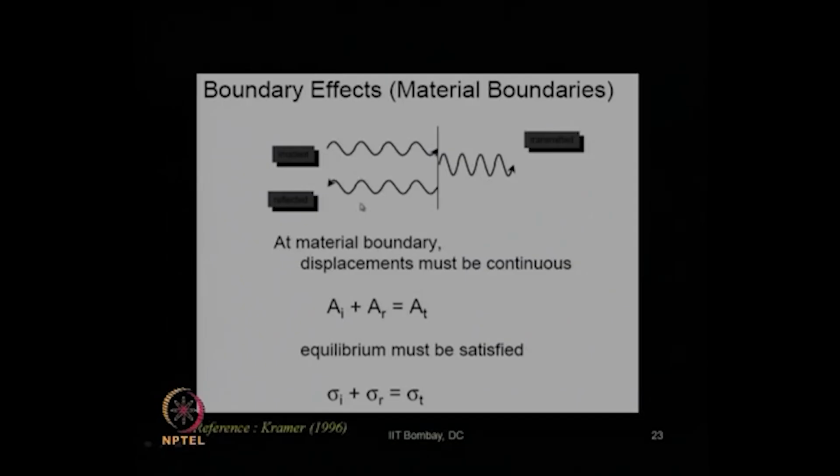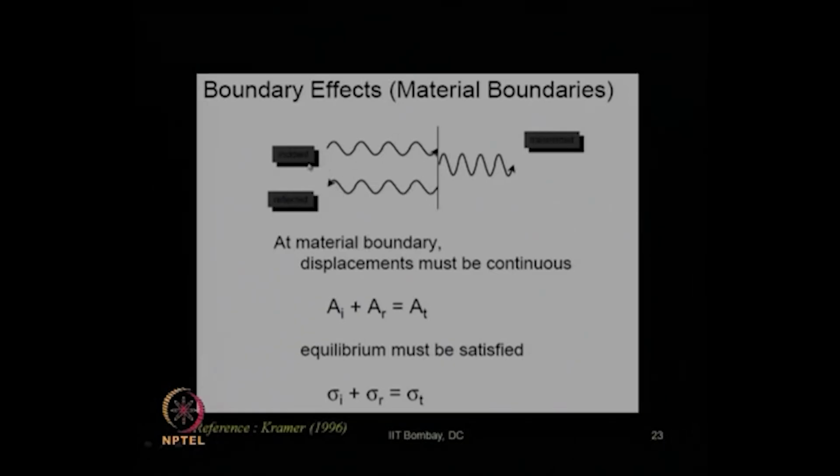Many a times it happens in our geotechnical engineering or geotechnical earthquake engineering, there can be a rock and a soil, or even within a soil, say dense sand, loose sand, or stiff clay, soft clay, or sand, clay. Several such combinations of two materials can happen in practice. So, what happens when the wave travels in such different materials and reaches a boundary?